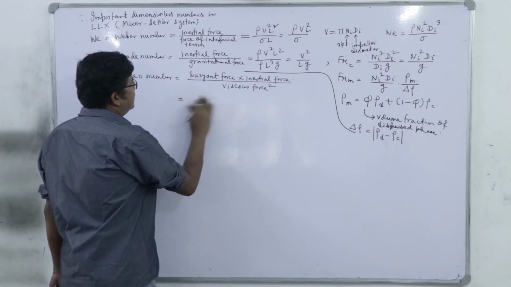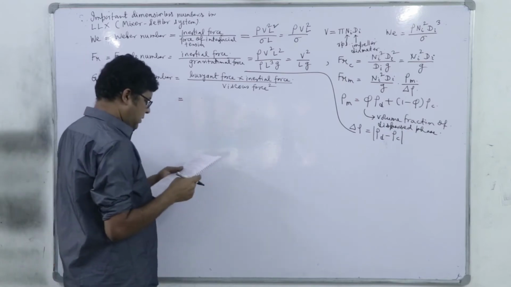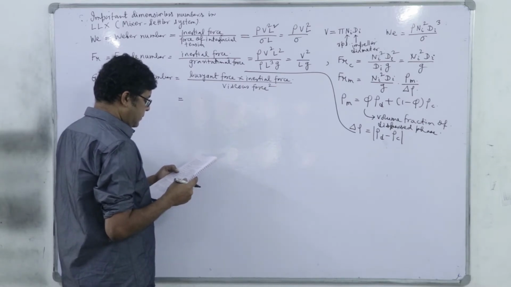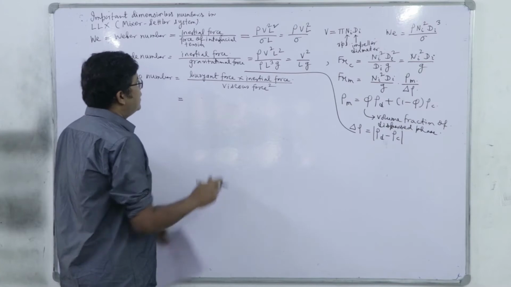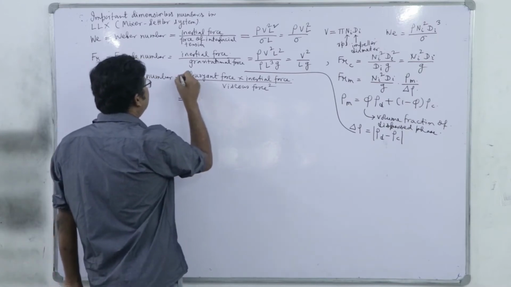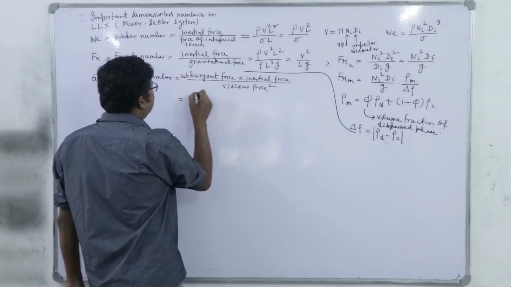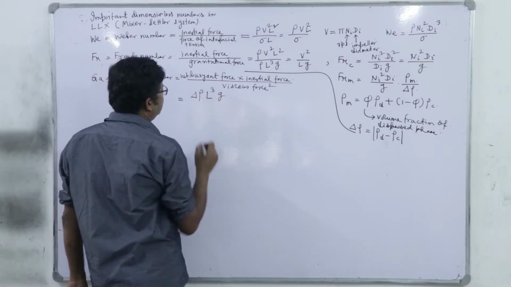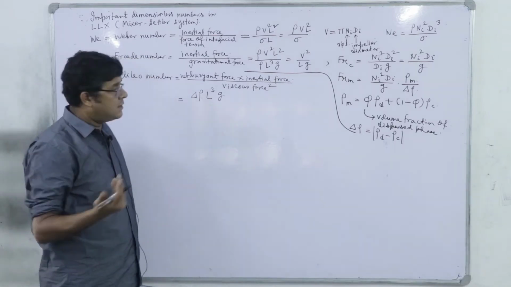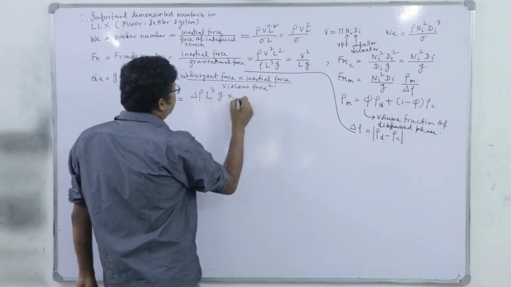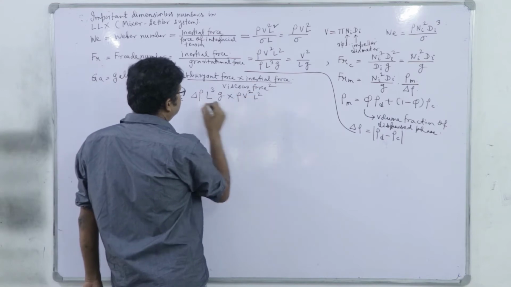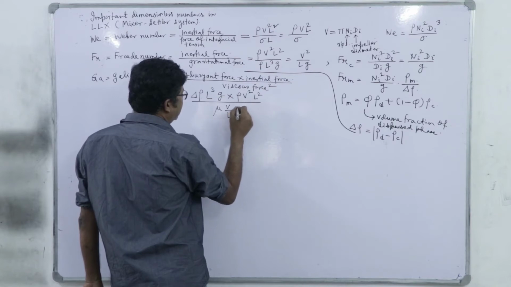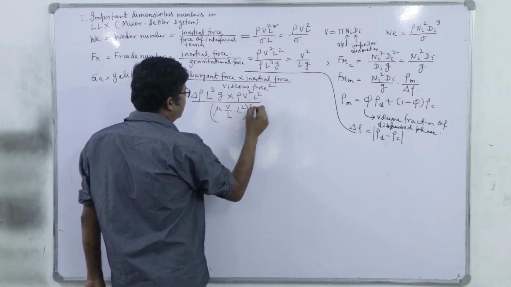So, buoyancy force, here I think it is the net buoyancy force. Net buoyancy force is delta rho into L cube into G, but net buoyancy force is buoyancy minus gravity. So, multiplied by rho V square L square divided by mu into V by L into L square whole square.